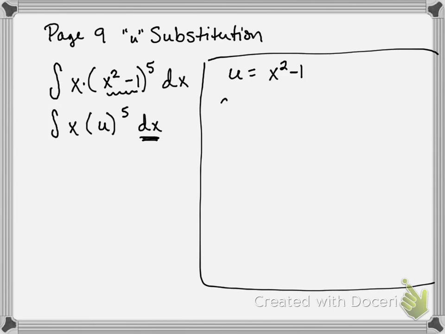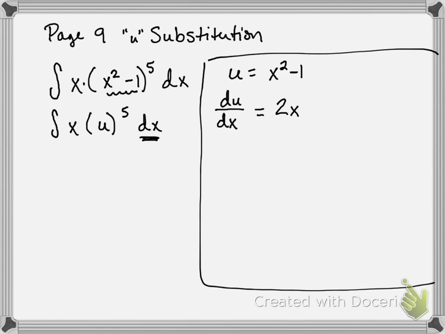Coming back over here with our u, we take the derivative of u with respect to x, so du over dx. That's pretty simple to take the derivative of. x squared, what's the derivative of that? 2x. So boom, you knocked that out.